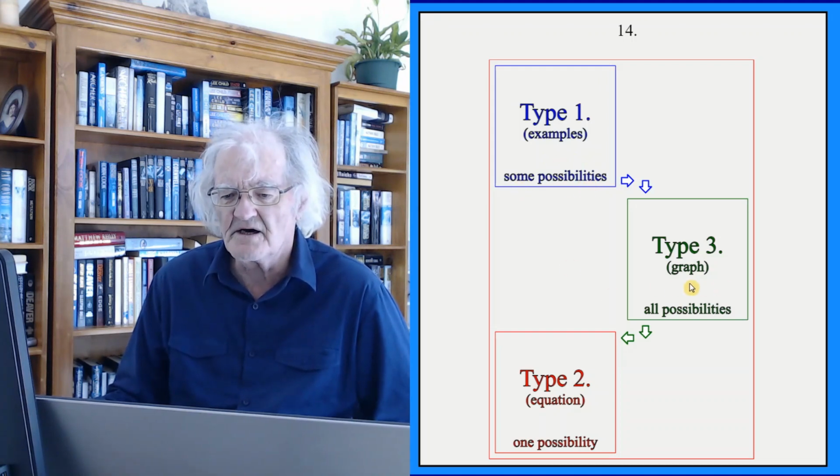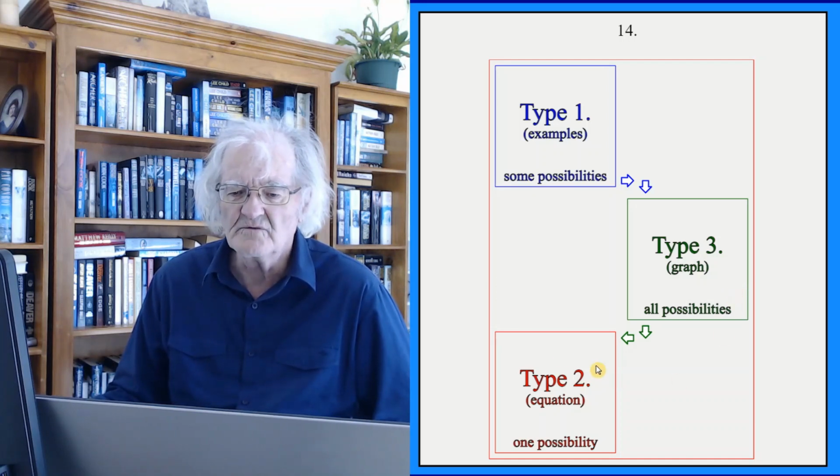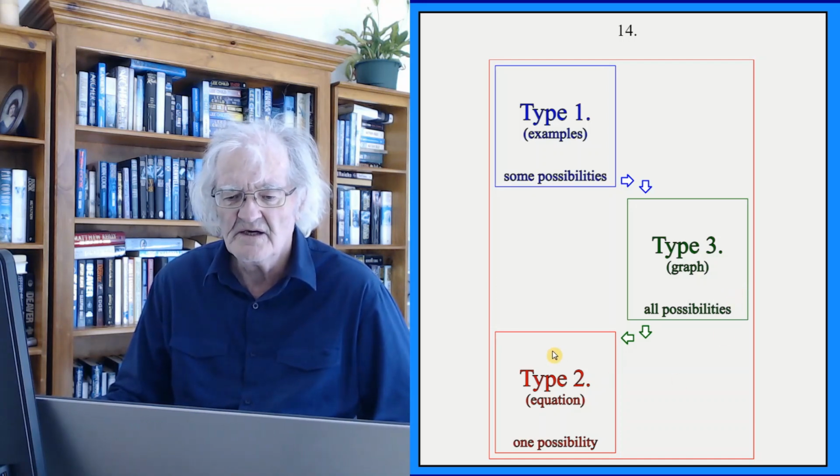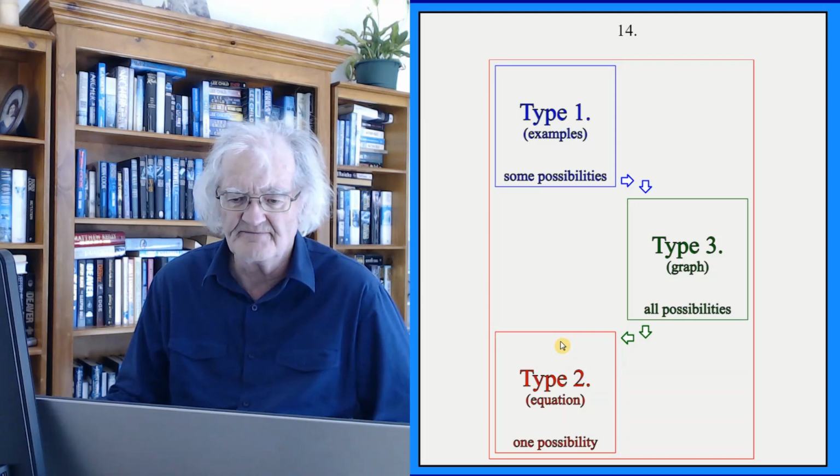Now I'm going to do type 3 next. That's the graph, because it illustrates all the possibilities. And then we'll finish with type 2, which is an equation-based question, finding an unknown. Finding the one possibility which matches circumstances we have described for us.